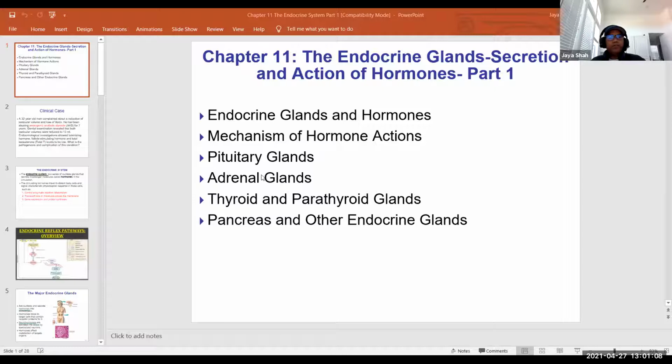Then we will cover some structure of the pituitary gland and adrenal gland, thyroid and parathyroid gland, pancreas, and other endocrine glands in the next lecture. Okay. So today, basically, we will focus on the background information and mechanism of hormone action, a little bit about the pituitary gland.